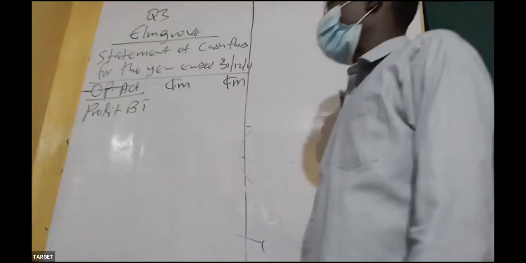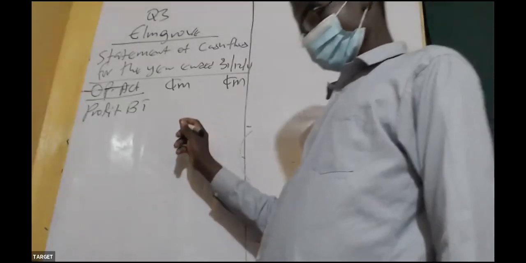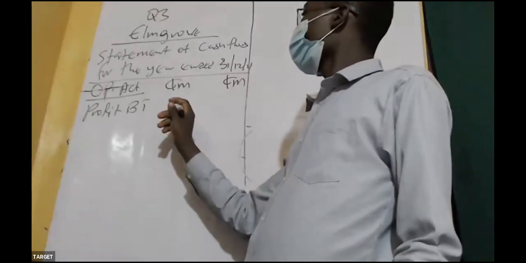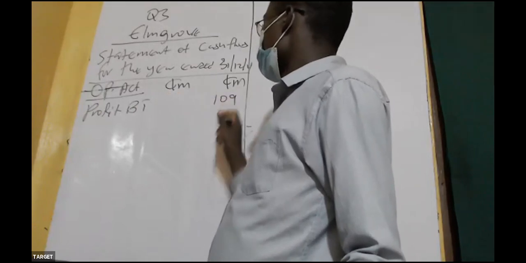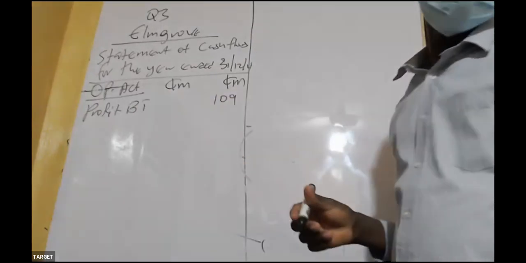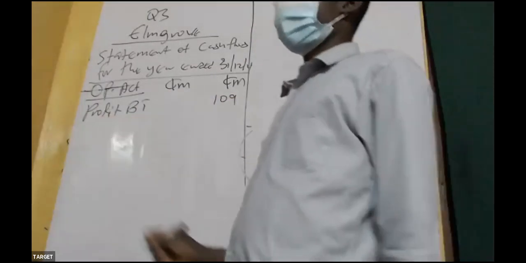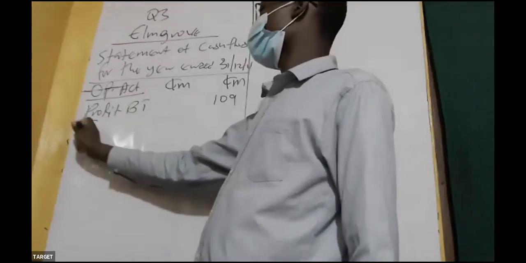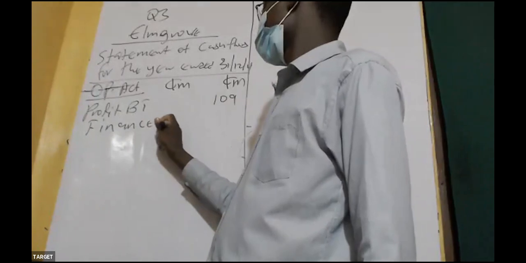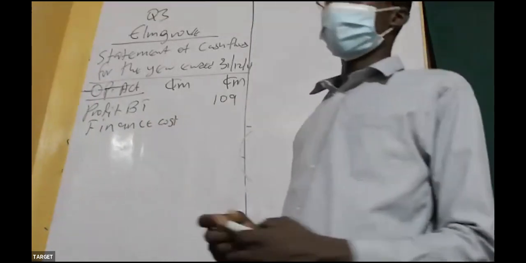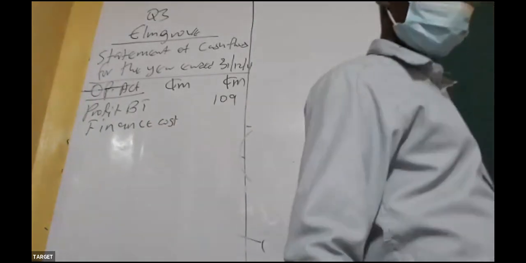So that is 109. So I write it here, 109. Immediately, don't rest. Add the finance cost to it. So add back interest expense or the finance cost. Locate the finance cost from the P&L.